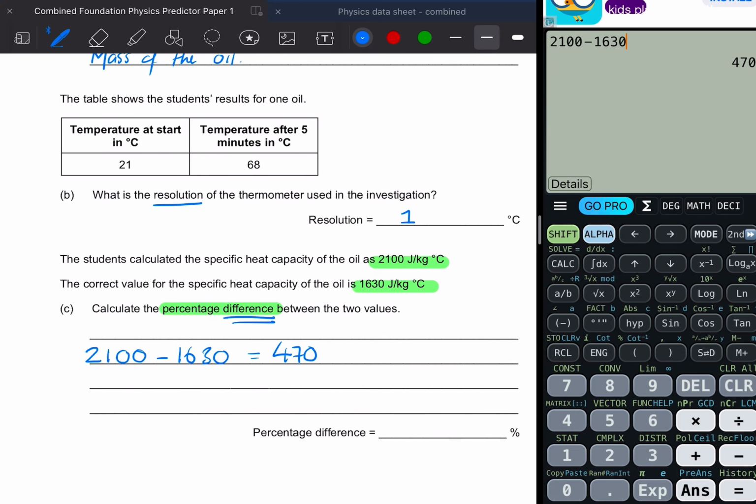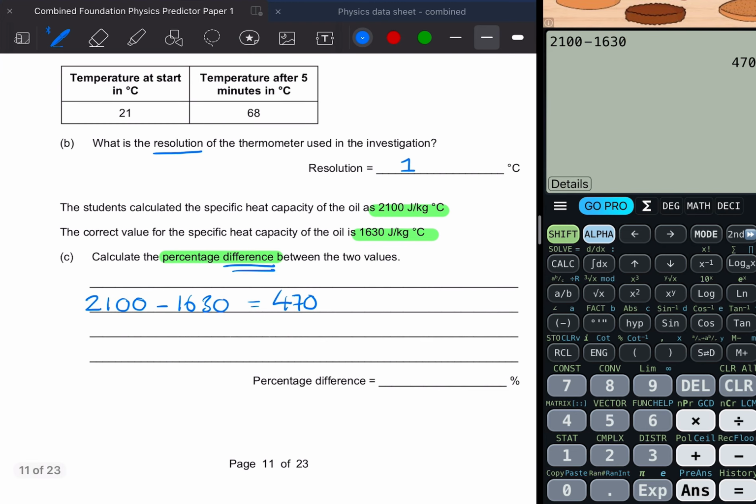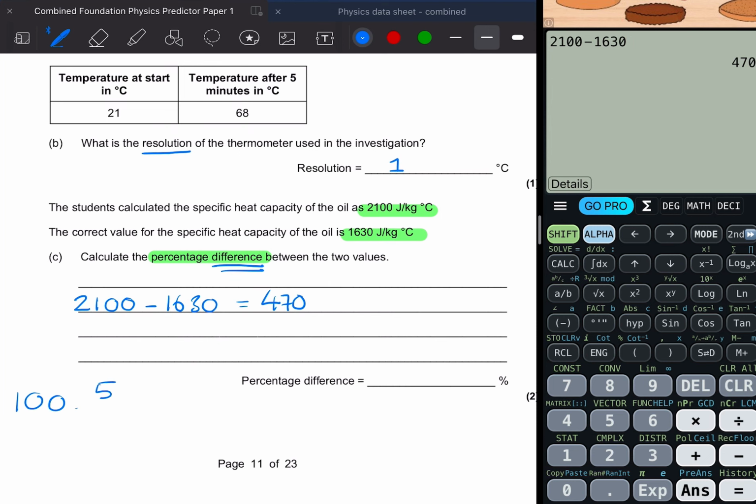Now, percentage is like if you had an exam out of 100 marks and you got 50 out of 100, then you would say I got 50%. So to get a percentage, you take the value you got and divide it by what you could have got.